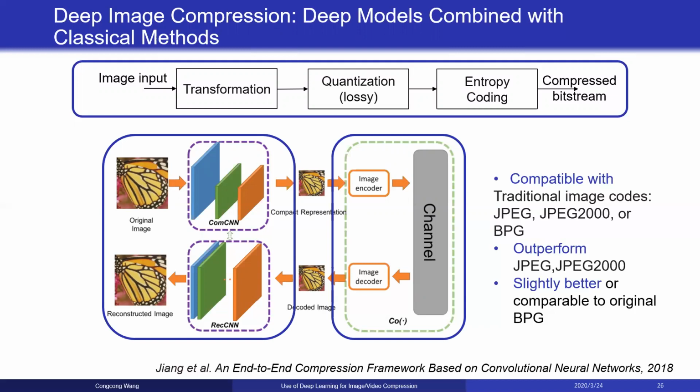And from the reported results, after applying these pre and post steps, it improves the result of JPEG and JPEG 2000. And a slightly better result is achieved compared to the original BPG. BPG also comes from HEVC. It is a state-of-the-art image compression standard. But of course, it introduces additional computational cost.